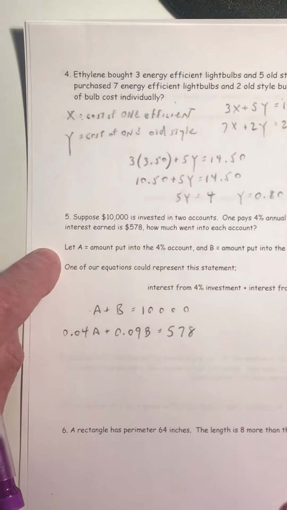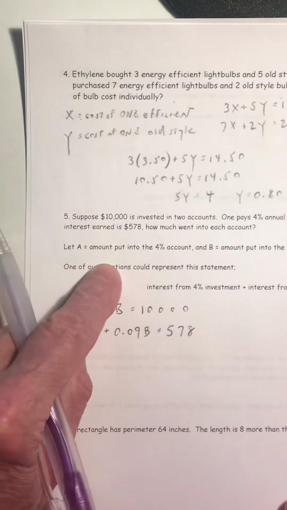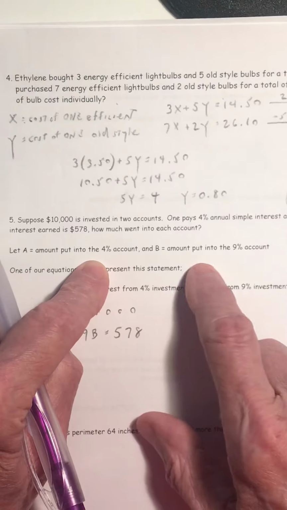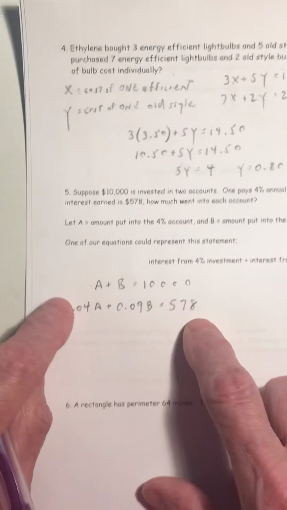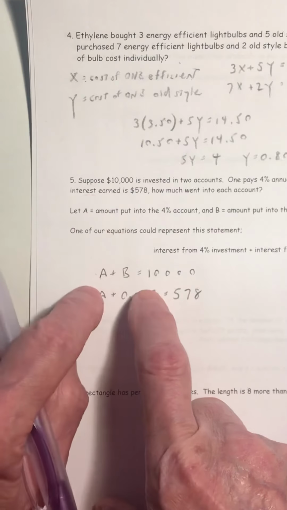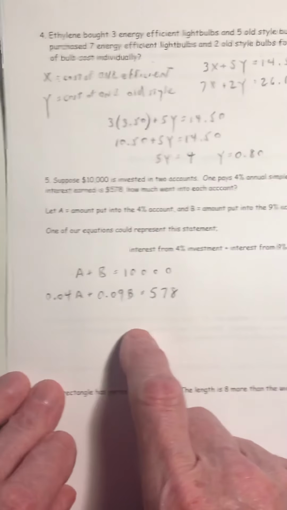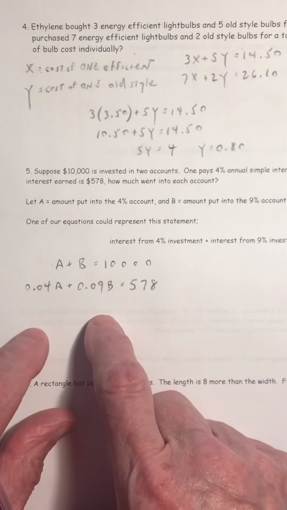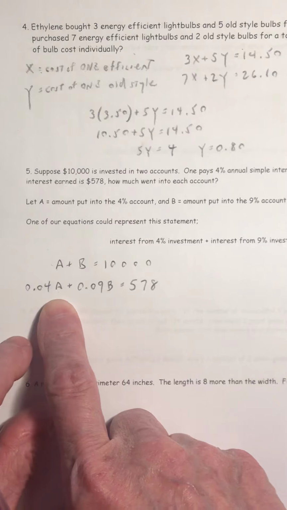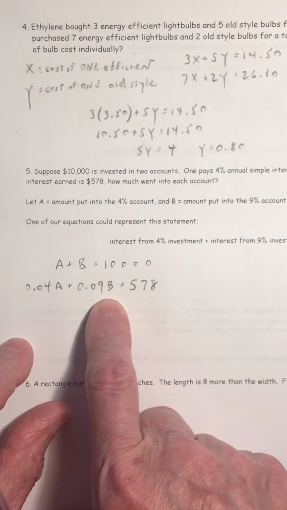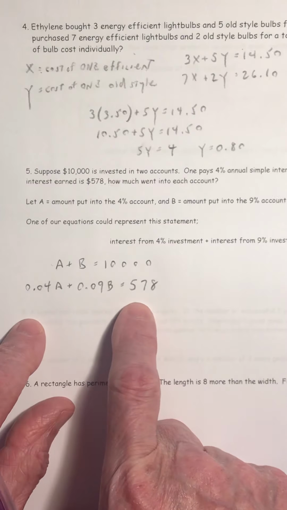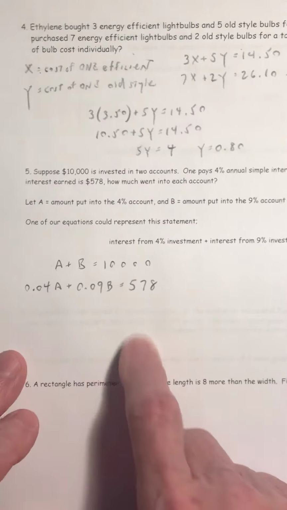So if I use A for the amount of money put in the 4% account, and B for the amount of money put in the 9% account, first easy equation is those 2 amounts have to add up to the total invested, $10,000. A plus B is 10,000. And then the other equation is based on the amount of interest. 4% of A dollars would be the 4% interest earned, and 9% of B dollars would be how much interest was earned from that investment. Add those together, you get the total amount of interest of $578.